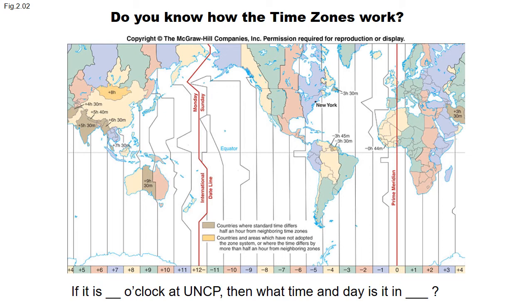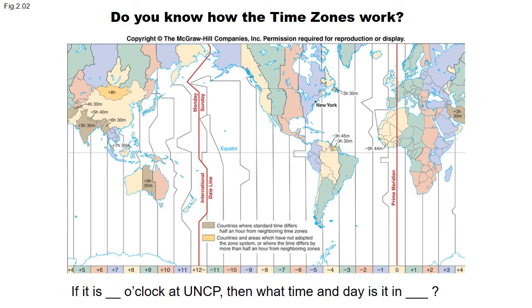You pick a day and a time, and you label it on the map, and then ask them to put the time and date, or time and day, on all the other places in the world. And you can see how the time zones are different. Usually I like to do this in class and go around the classroom and ask people what time it is.